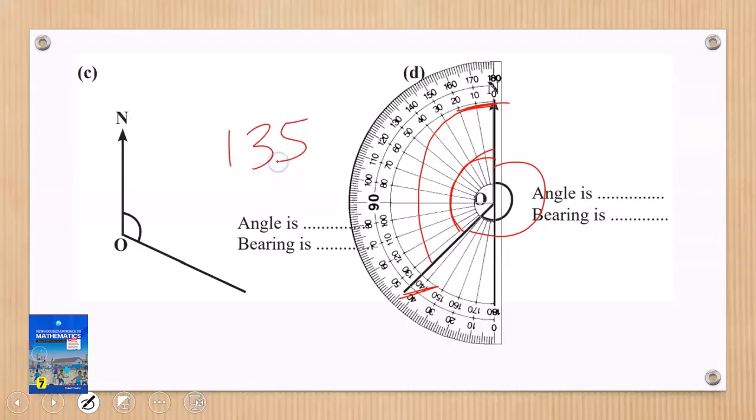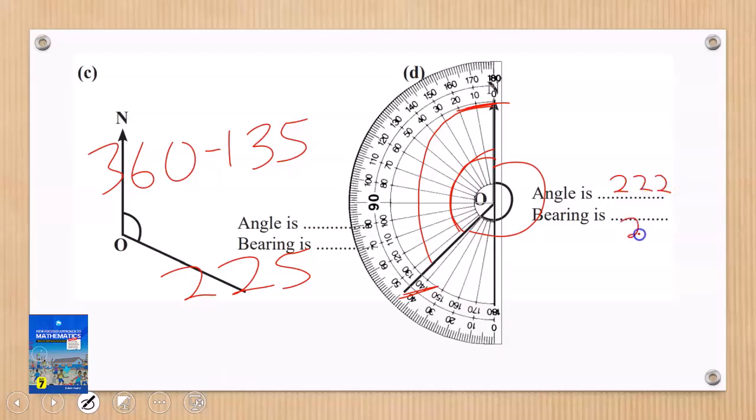Now with the 135, when we take it from 360, we'll get the value 225. So our angle here will be 225, and our bearing also will still be 225. So that becomes the bearing.